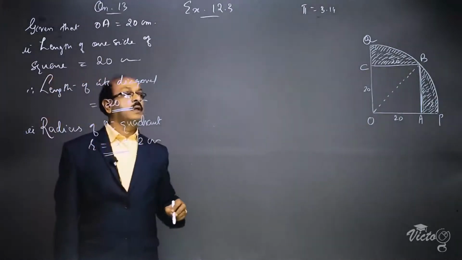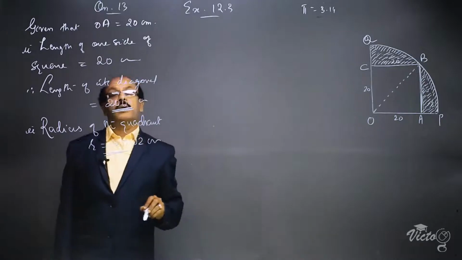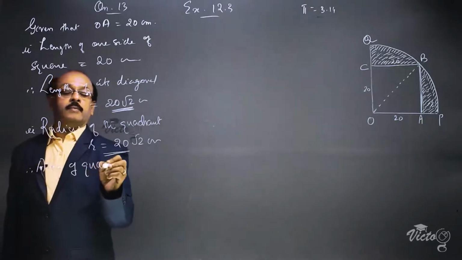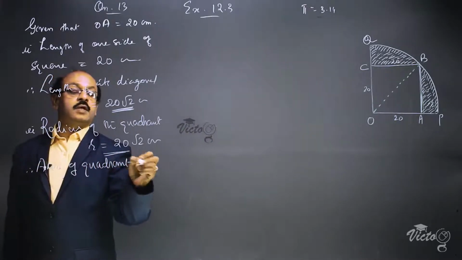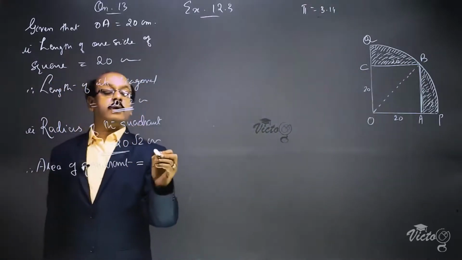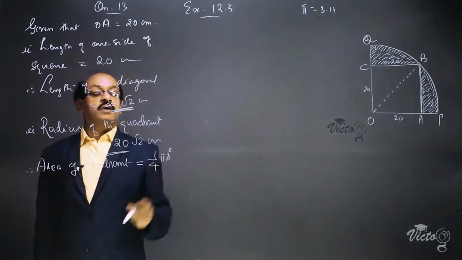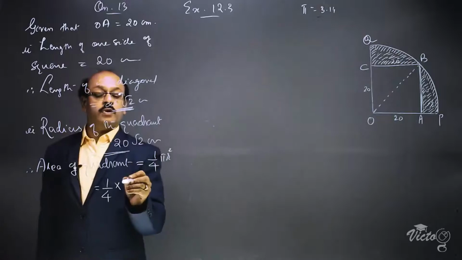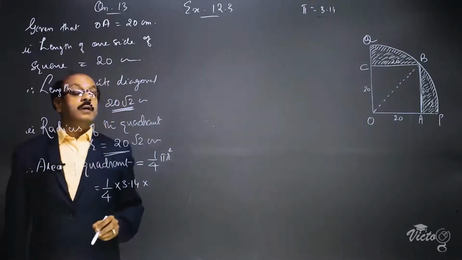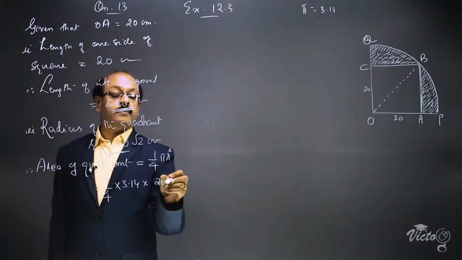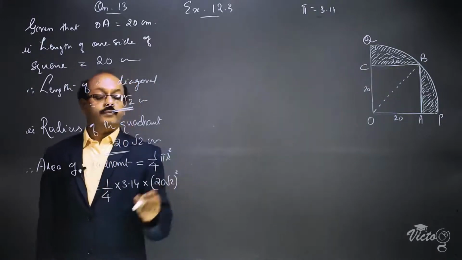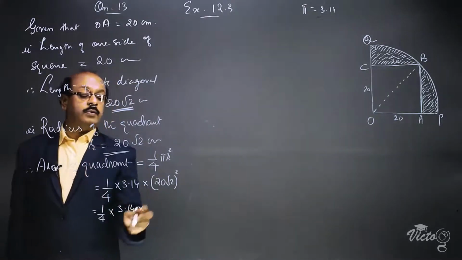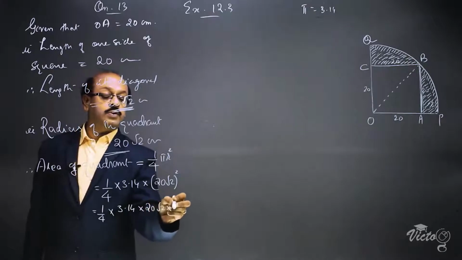Now we can find the area of the square and the area of the quadrant. Therefore, area of quadrant is equal to 1 by 4 pi r square. Giving values, this is equal to 1 by 4 into 3.14, as given in the question, into 20 root 2 the whole square, which is 1 by 4 into 3.14 into 20 root 2 into 20 root 2.